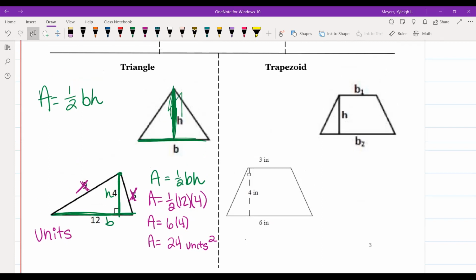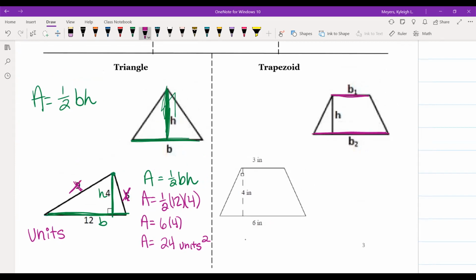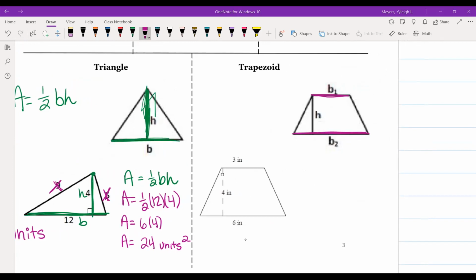Let's do the trapezoid now. The trapezoid has a pretty similar thing, except with the trapezoid we have a top base and a bottom base. So we need to include those somehow, right? This formula is going to be a little crazy looking, okay? It's 1/2 of our height times base 1 plus base 2.